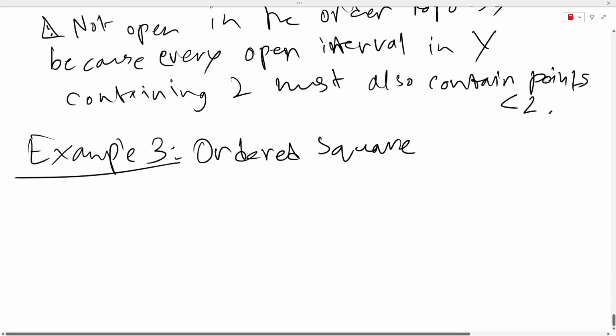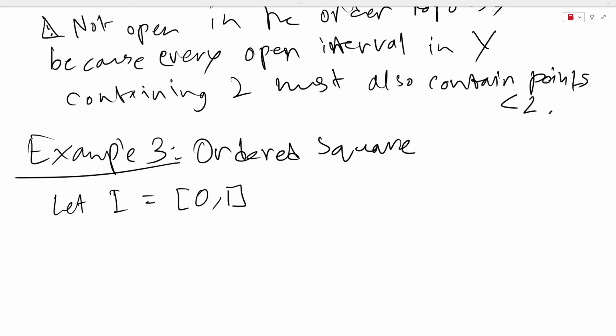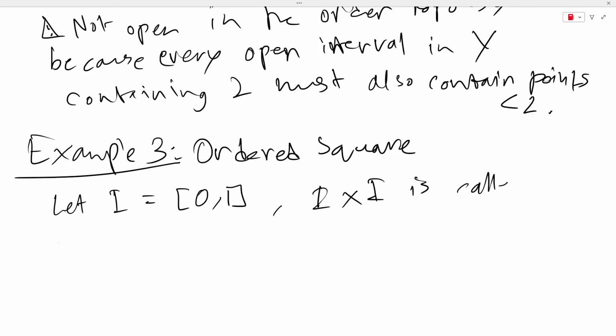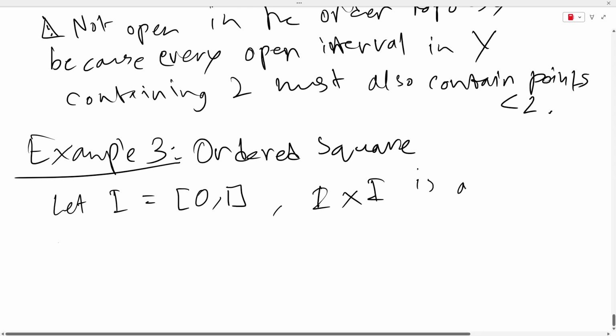We pick this interval and call it I, the closed interval from 0 to 1. I times I is a square.